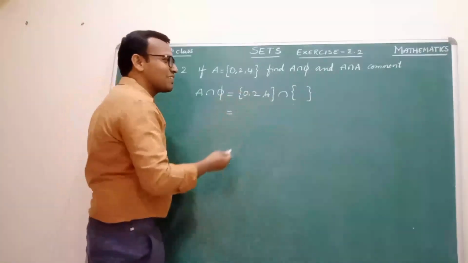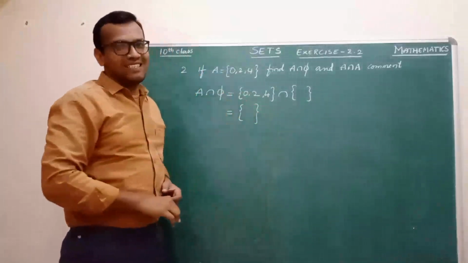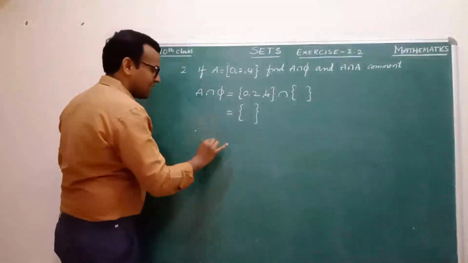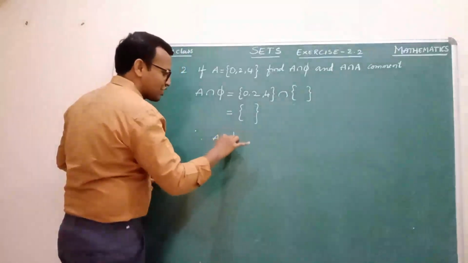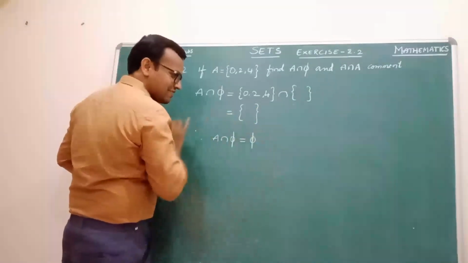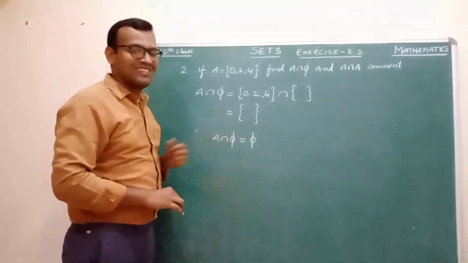So no element is in common. That's why the intersection is again an empty set, which means we can conclude that A intersection phi is equal to the empty set, phi again. So this is what we can comment on this.